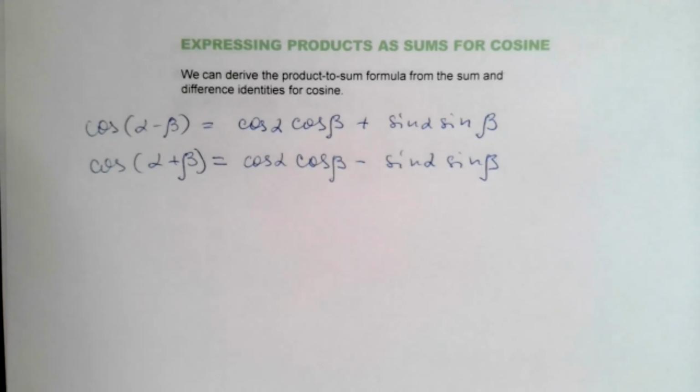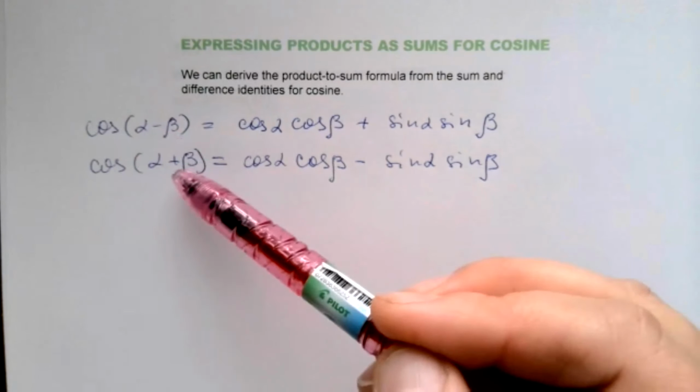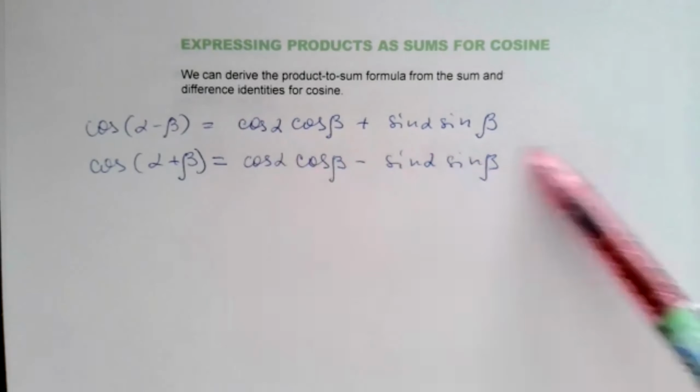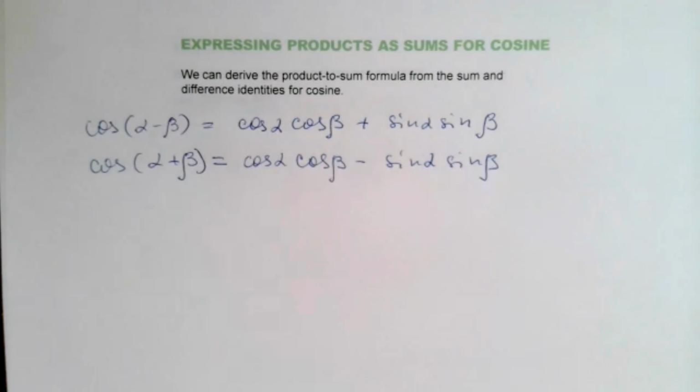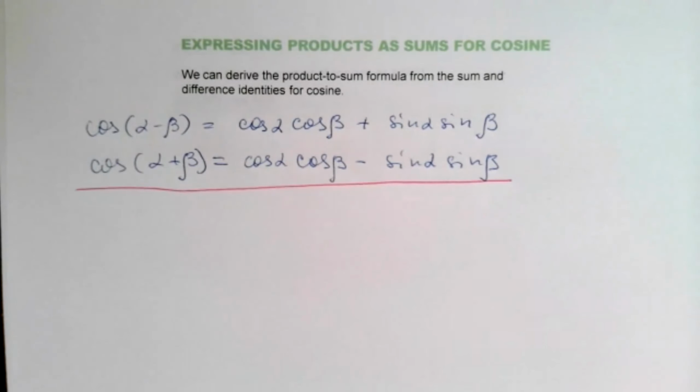Here they are. So now what we're going to do is add the left sides of the equations with the right sides of the equations, just like we did with equations when we solved by elimination. Same thing.